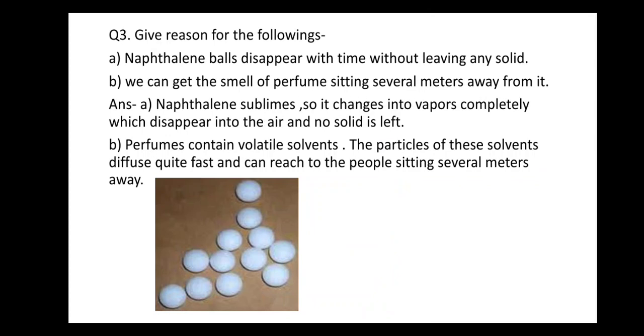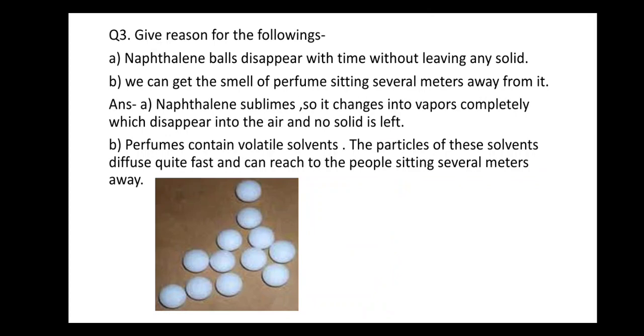Next is, we can get the smell of perfume sitting several meters away from it. Recall the process of diffusion, that is intermixing of particles of different states of matter into each other on their own. This diffusion occurs more when the substance is in the gaseous state, because in the gaseous state the particles have more energy and keep moving at a faster rate.